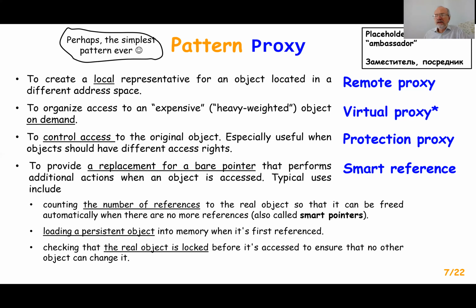And if at one moment while the program is running we have no references to that object, we can delete it from the program without any negative consequences. And again, smart pointers or smart references can also be implemented using the proxy pattern.